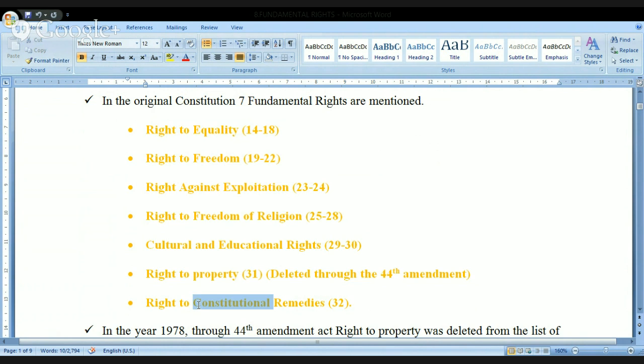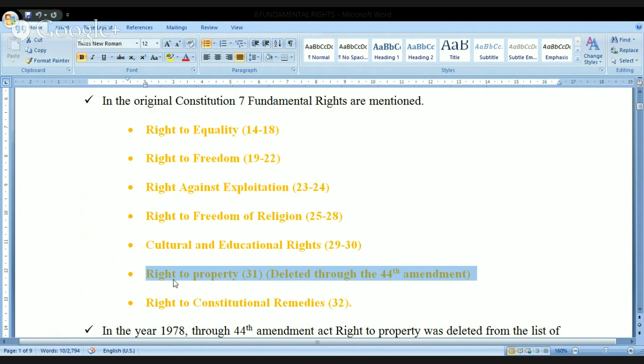And the last one is the right to constitutional remedies. So these are the 7 fundamental rights we had in the original Constitution. But kindly remember, a very frequently asked question: which of the following is not a fundamental right? The answer will be right to property, and it has been deleted through the 44th Amendment.